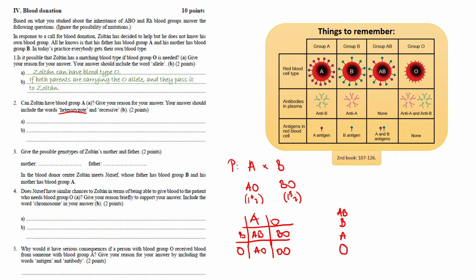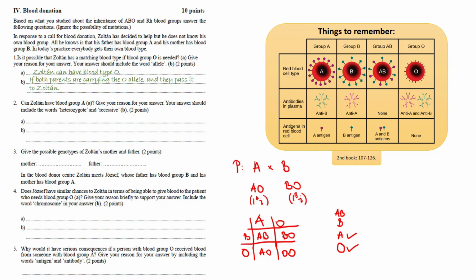So it's important for you to remember that these two words should be included in the second part of the exercise, like allele was the word that was important at the first part. We have discussed that type O blood is a possibility. We can also conclude that blood group A can be a possible outcome of the cross. So the answer is that Zoltán can have type A blood, and the explanation is very simple. It can only happen if the mom is donating a recessive allele to Zoltán, so if the mom was heterozygous.